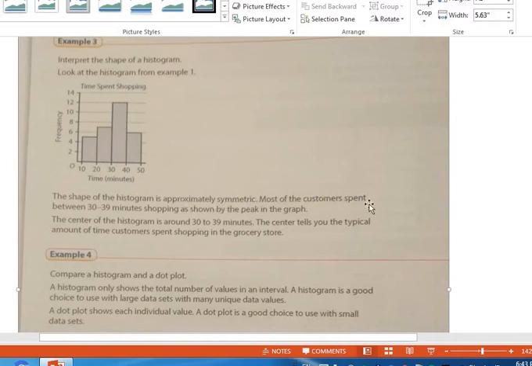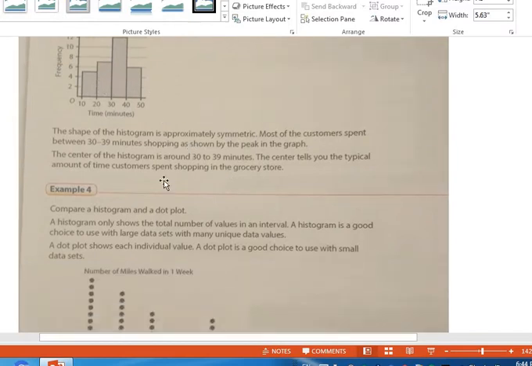Most of the customers spent between 30 to 39 minutes shopping, as shown by the peak of the graph. The center of this histogram is around 30 to 39 minutes. The center tells you the typical amount of time customers spent shopping in the grocery store.